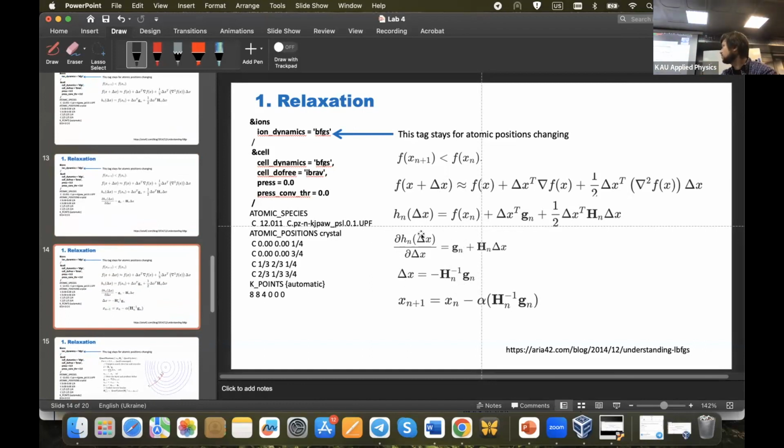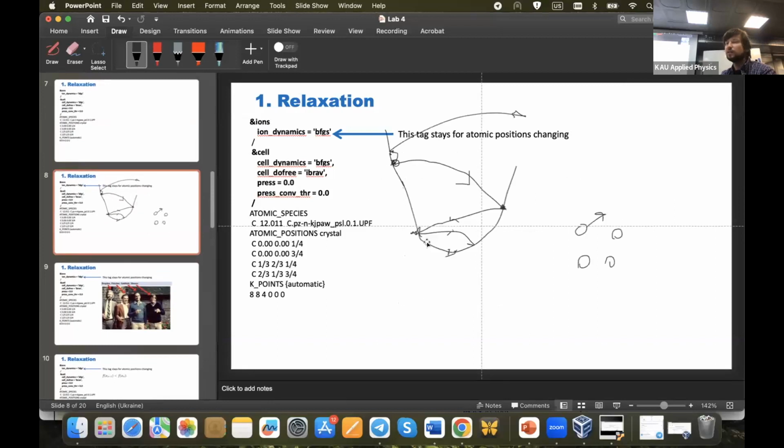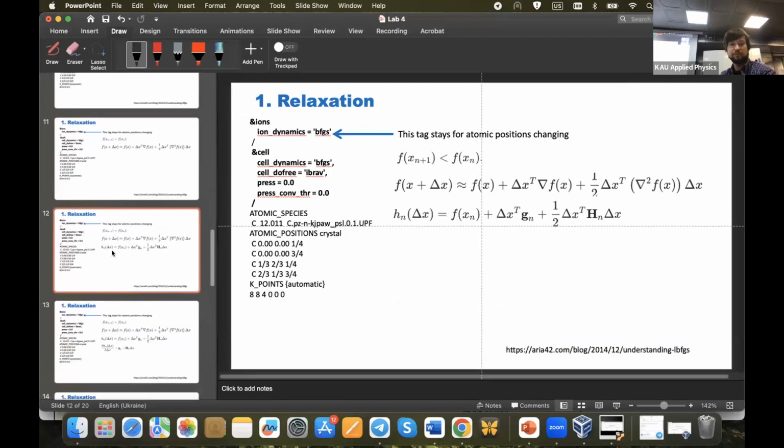Each time this step will differ from the previous time, because if the energy is converging, this step will not be the same as the previous step. So we should scale our delta x to achieve convergence.